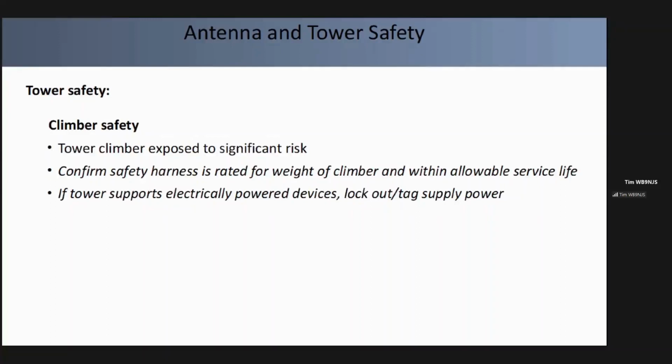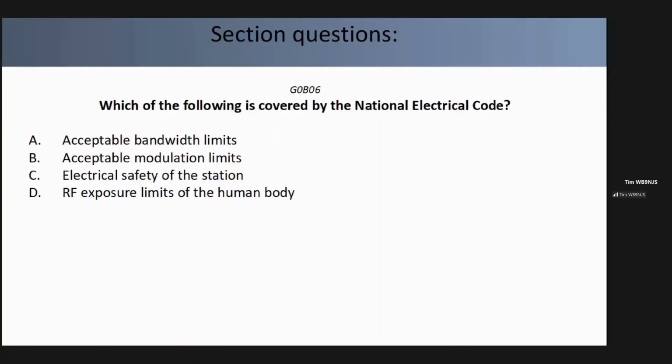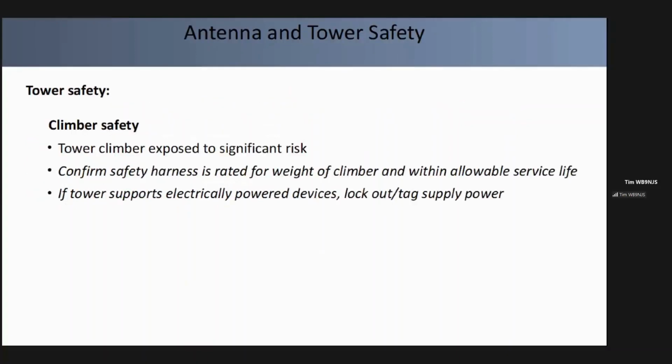In this case, what that would mean is that you would switch off the circuit breaker and put a lock on it, or some other way of preventing that circuit breaker from being returned to the energized position. That's what the lockout would be.